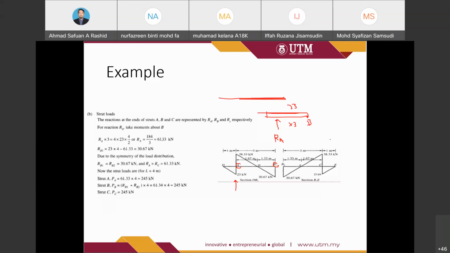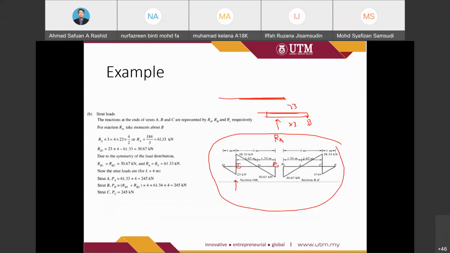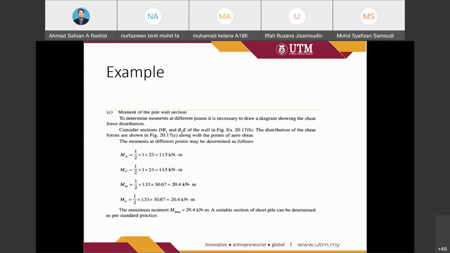This shear force distribution will be used to determine the moment of the pile section. So consider B1 and B2E of the wall. The distribution of the shear force is shown in this diagram. The moment at different points may be determined as follows.